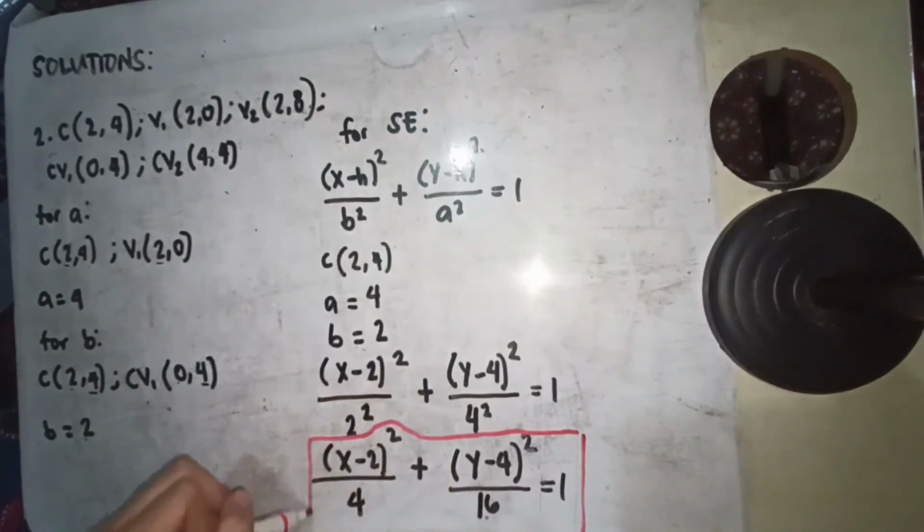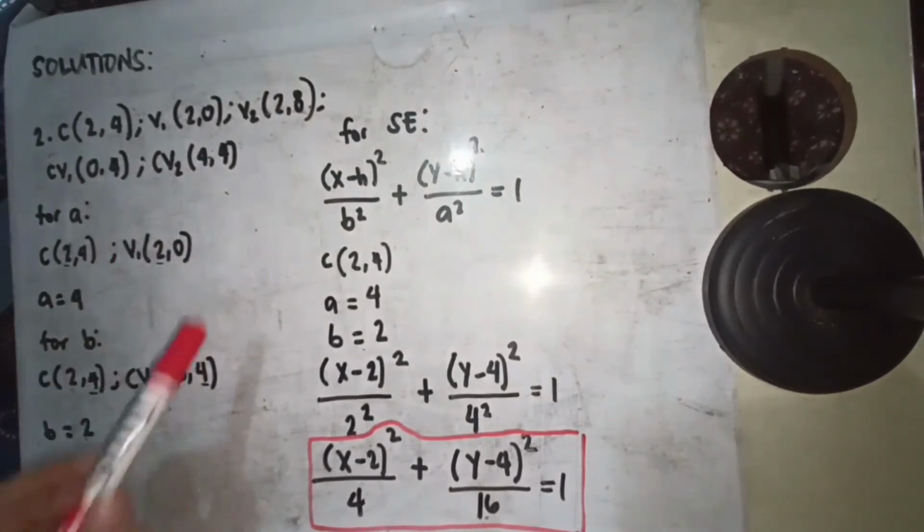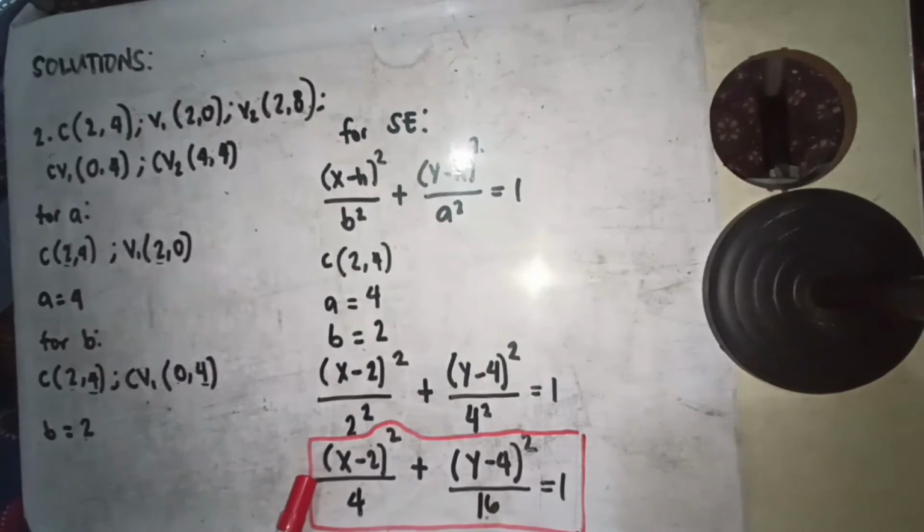So, the standard form of the equation of an ellipse which has center at 2 and 4, vertices 2 and 0 and 2 and 8, and co-vertices 0 and 4, and 4 and 4, is quantity of x minus 2 squared over 4 plus quantity of y minus 4 squared over 16, equals 1. That is its standard form of equation.